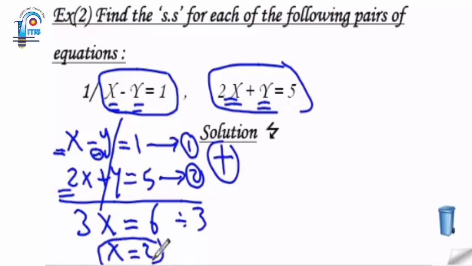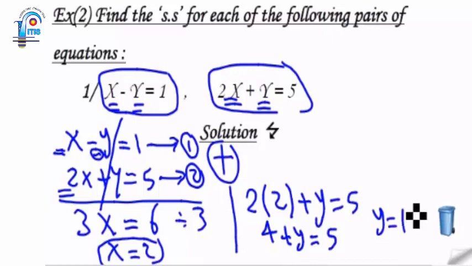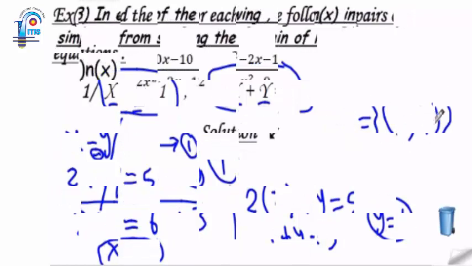We will substitute in one of the two equations. 2 multiplied by 2 plus y equals 5. 4 plus y equals 5. Then y will be equal to 1. At the end, the solution set must be written in the form of an ordered pair. The first projection x equals 2 and the second projection y equals 1.